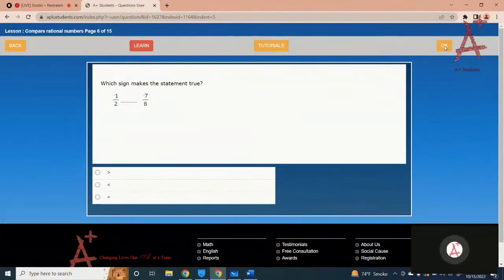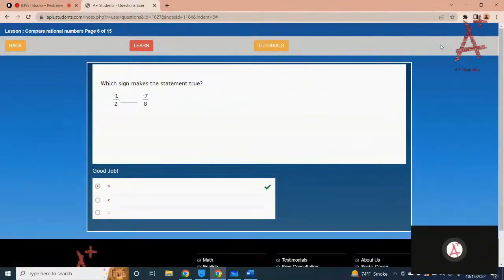So just multiply the fraction negative 1 by 2 by 4. So it would be negative 4 over 8. So negative 4 by 8 is greater than negative 7 by 8. Got it? Because negative 4 is near to 0, but negative 7 is far from 0. Got it?